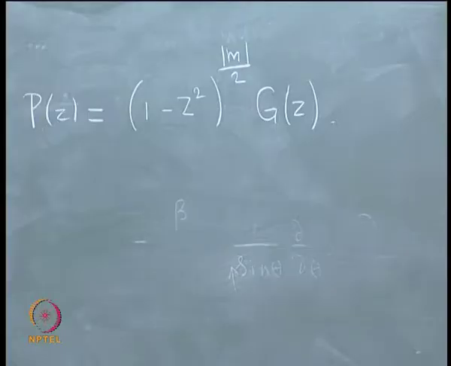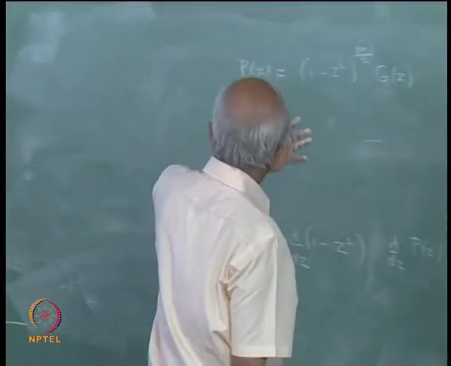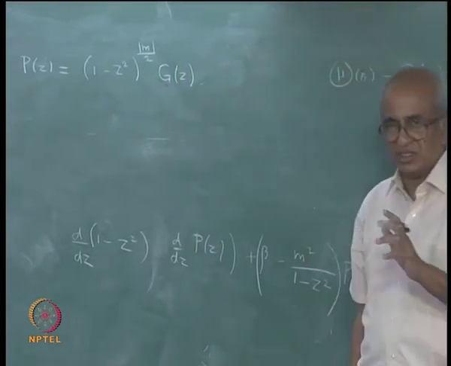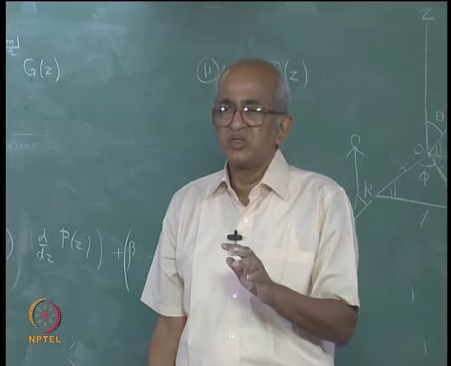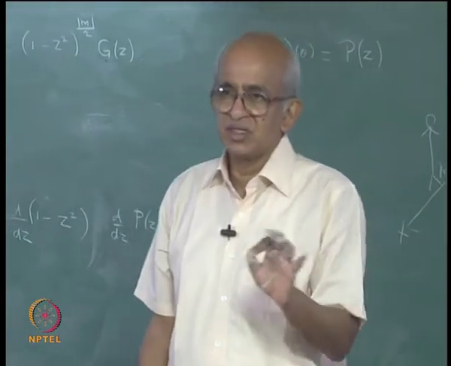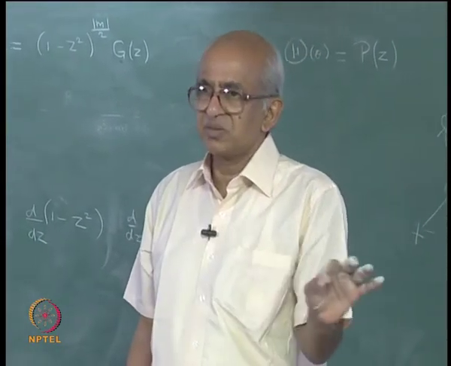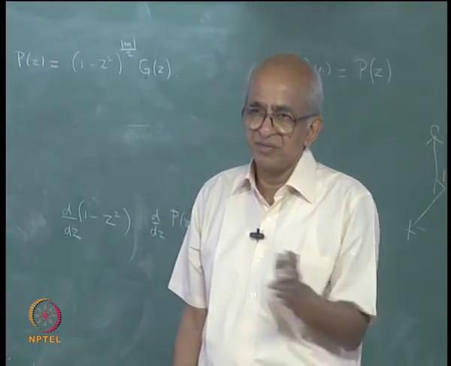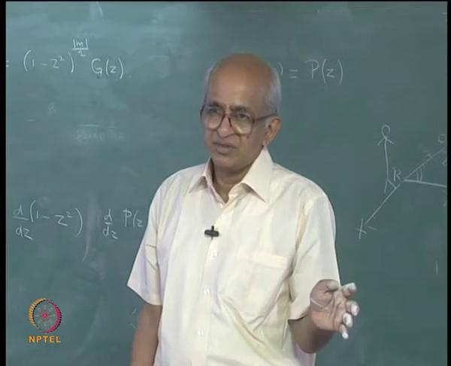The reason is not actually very obvious, but if you make this substitution, then the equation that you get for G can be solved by the method that we discussed yesterday, the series expansion procedure, where you will say that G may be written as a power series in z.